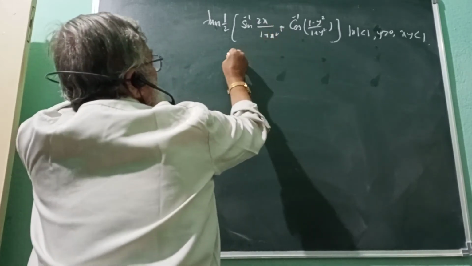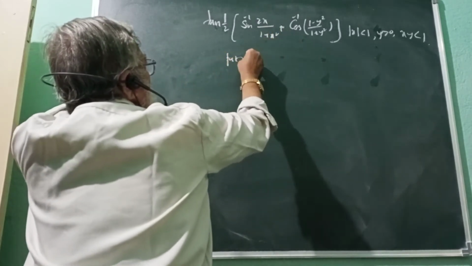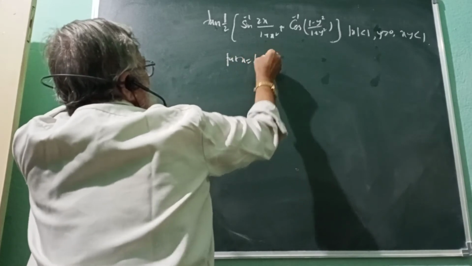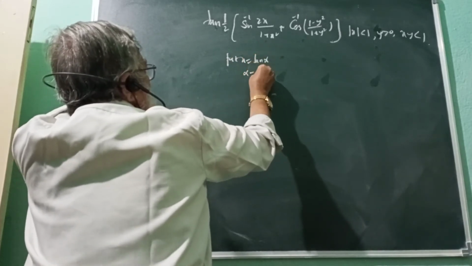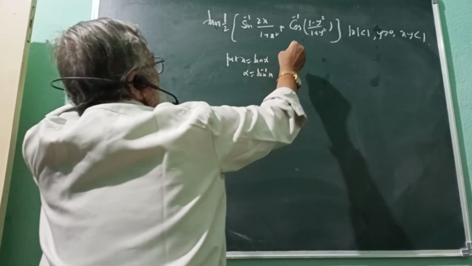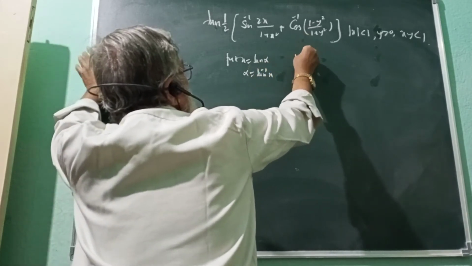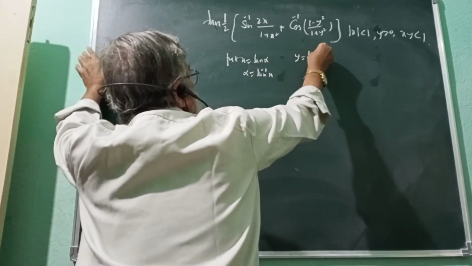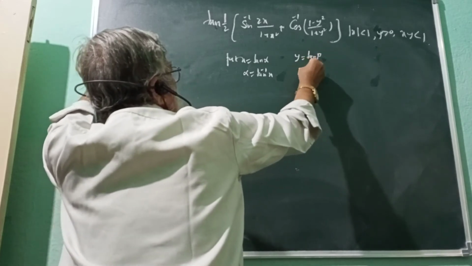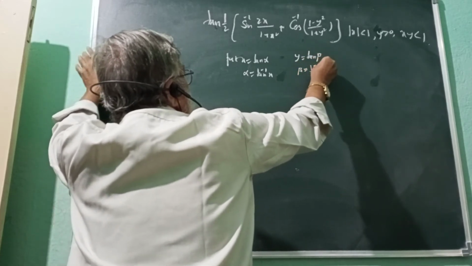So here let us substitute, put x is equal to tan alpha. Therefore alpha is equal to tan inverse x. And here we put y is equal to tan beta. Beta is equal to tan inverse of y.